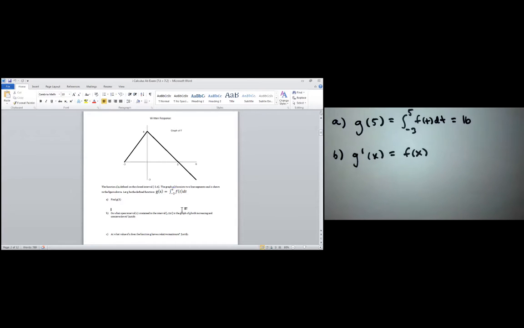So that if they ask me things about G prime, I can treat this as the derivative of G to figure out my information. So we're looking for things that are above the x-axis and decreasing in their slope.